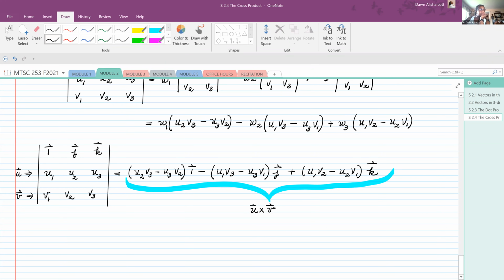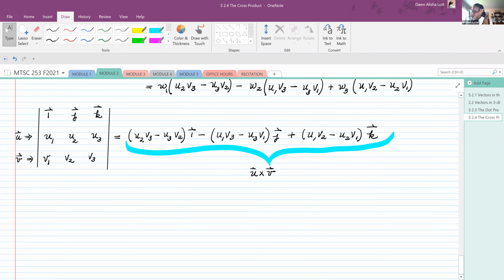Okay. So say U is 2, negative 1, 3, and V is equal to 4, 1, negative 2.